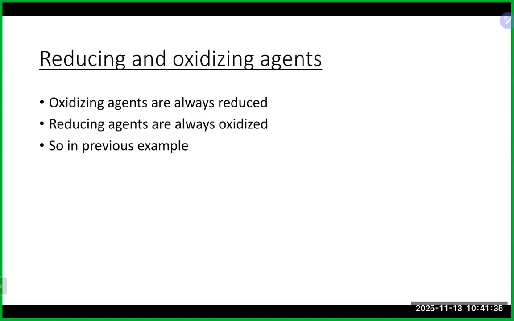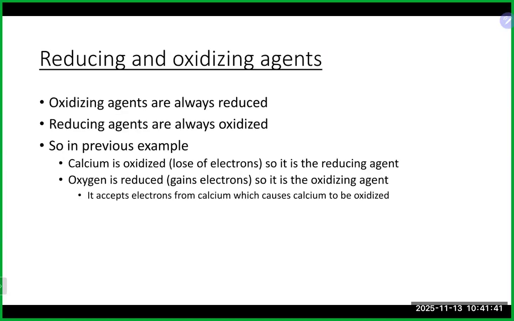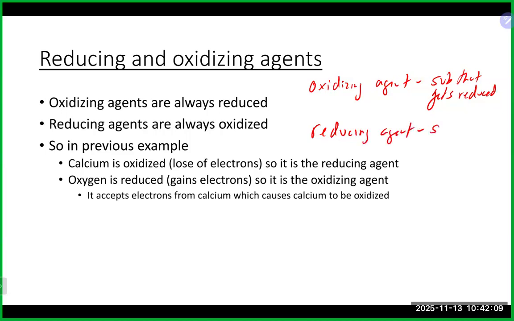Now, another couple of things that are sometimes asked are oxidizing agents and reducing agents. And oxidizing agents and reducing agents is a different question than what is being oxidized and what is being reduced. So the oxidizing agent is the substance that gets reduced, while the reducing agent, as it says there, is the substance that gets oxidized.